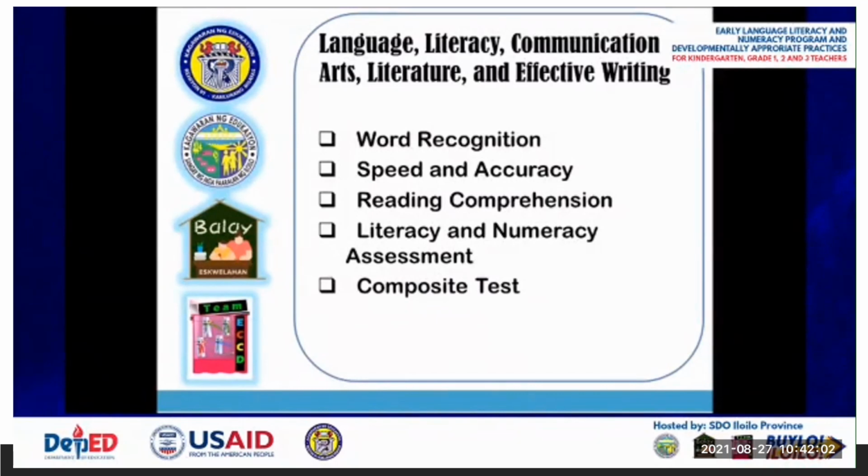Composite test, language, literacy, and numeracy tests integrating the grade level content areas.